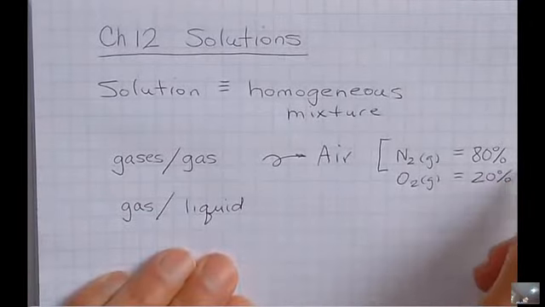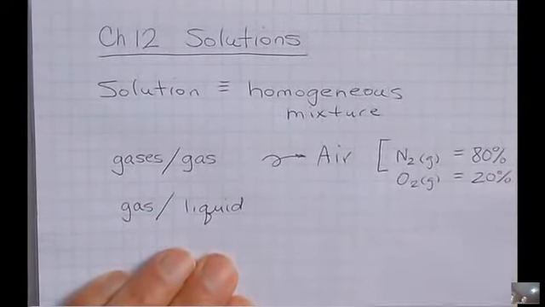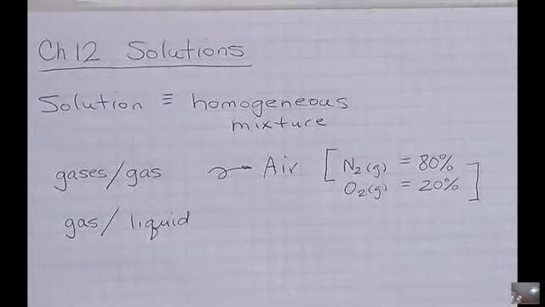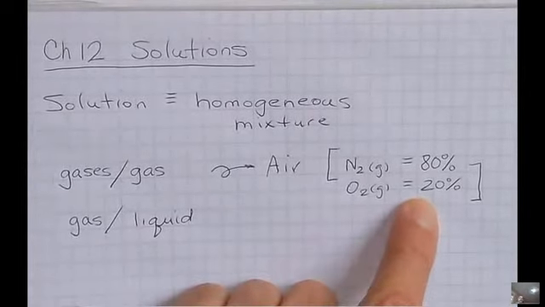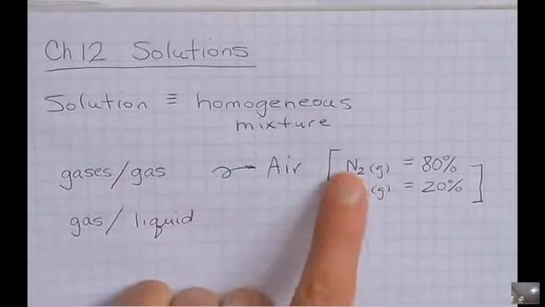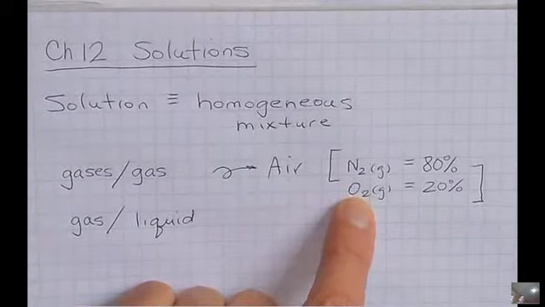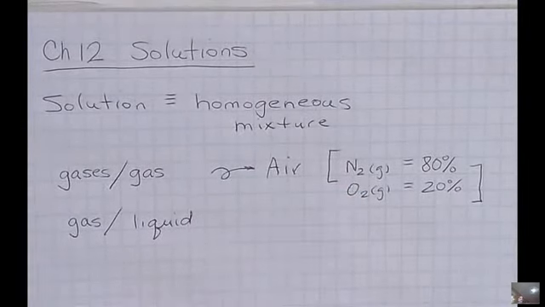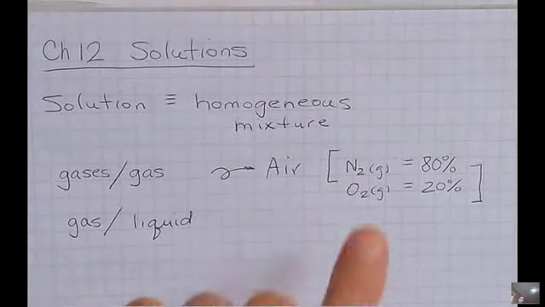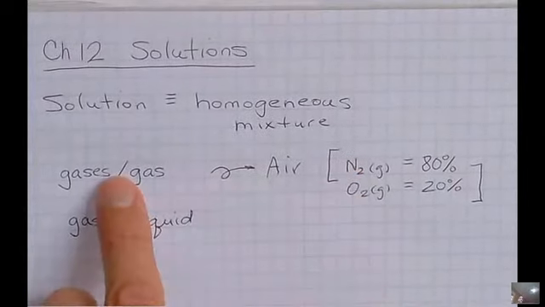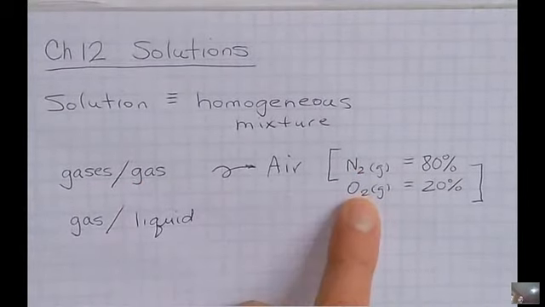Now, there obviously are other things that are in air, but these are the two big constituents. So the one that's in the smaller quantity, and gases always dissolve in other gases. There's no situation where you can take gases and they hate each other and they stay on the separate sides of the room. If you put things in the gas phase together, they will always mix all the way down to the individual molecules. So gases inside of gases are always solutions.